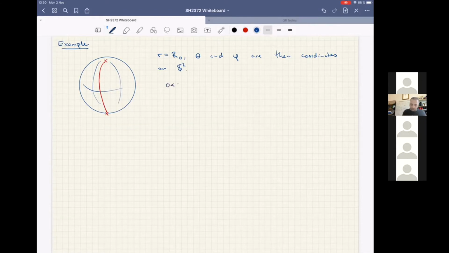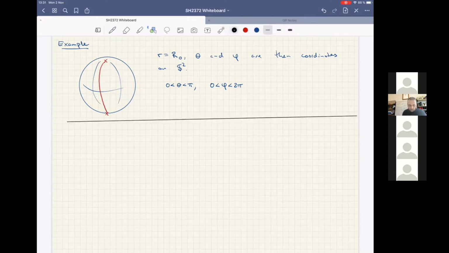Theta we restrict to be between 0 and pi, and phi we can restrict to be between 0 and 2 pi. So this is going to describe everything on this sphere that I have not drawn in red here. So this is a chart which describes most of the sphere, but in order to have a complete atlas, we would also require some coordinate system or some chart that would describe also this part.